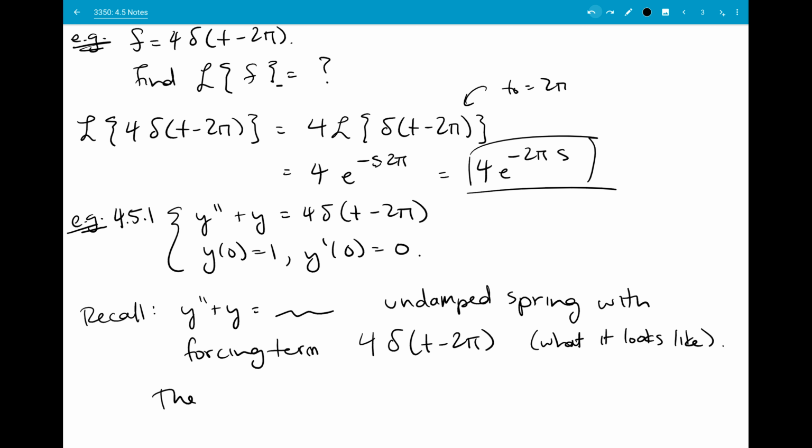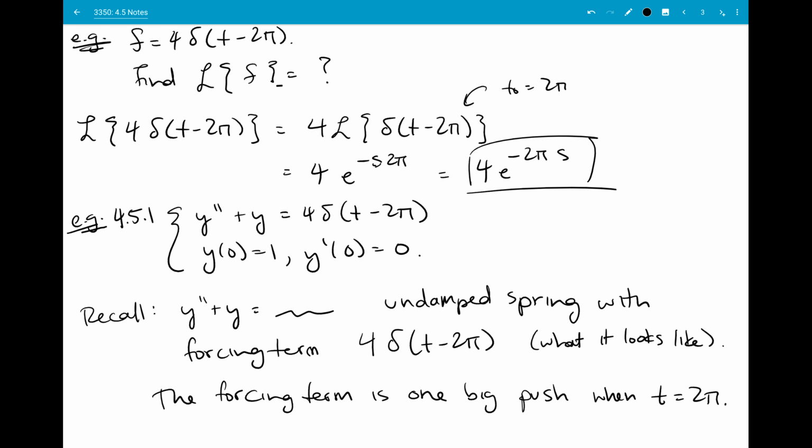The forcing term on the spring is just a single pulse, basically. It's just one big push when t is equal to 2 pi.